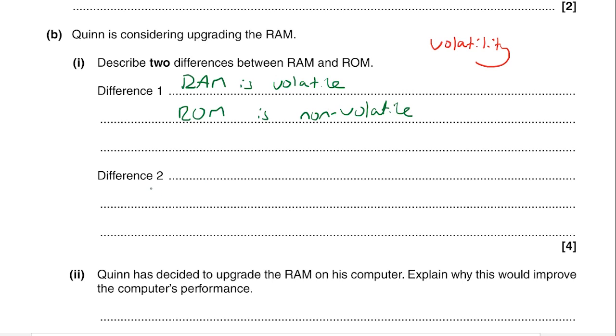The second difference, we can say that ROM, hence the name, read-only memory, cannot be changed. You can actually change some ROM, but with difficulty. ROM cannot be changed, whereas RAM can. And that should be sufficient for 4 marks.